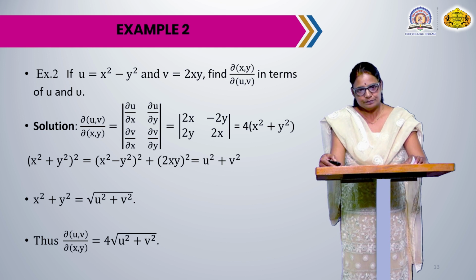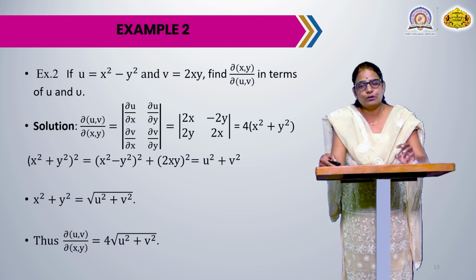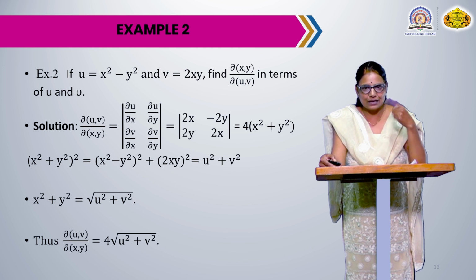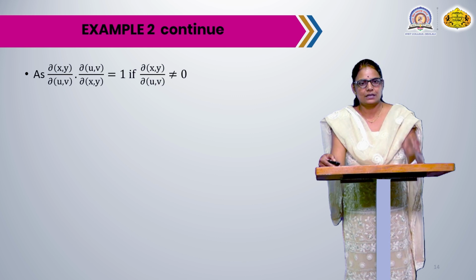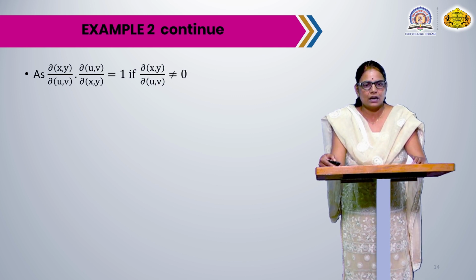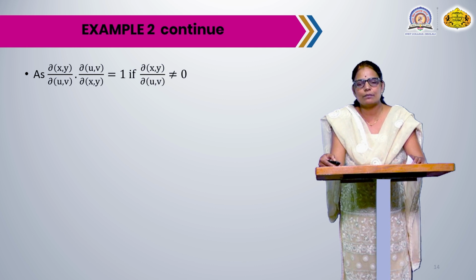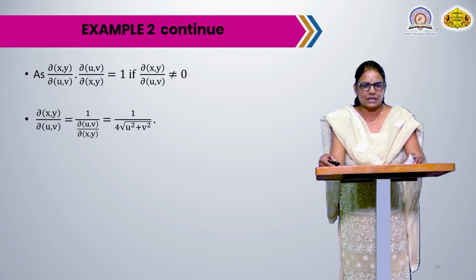But remember, we want to calculate ∂(x,y)/∂(u,v), and so far we have calculated ∂(u,v)/∂(x,y). To get the other value we use the next result: ∂(x,y)/∂(u,v) times ∂(u,v)/∂(x,y) equals 1, if ∂(x,y)/∂(u,v) is not equal to 0. Using this result, ∂(x,y)/∂(u,v) is the same as 1 upon ∂(u,v)/∂(x,y).